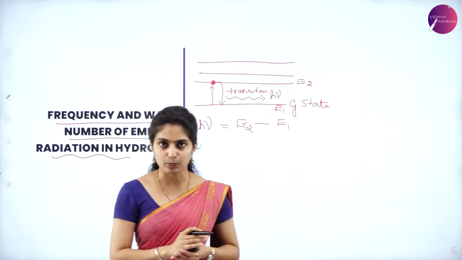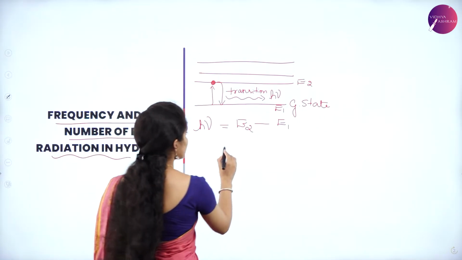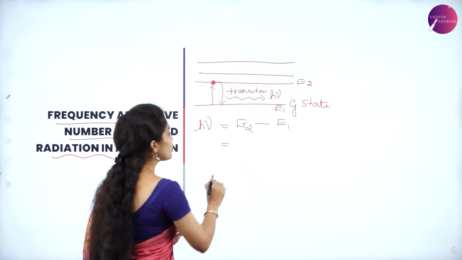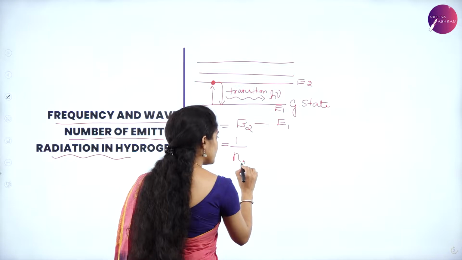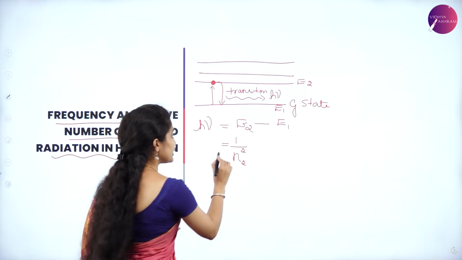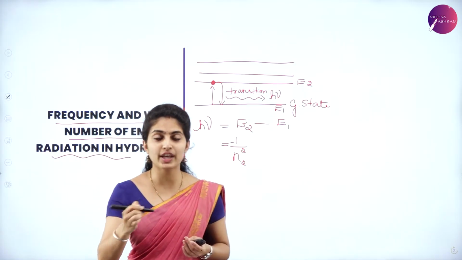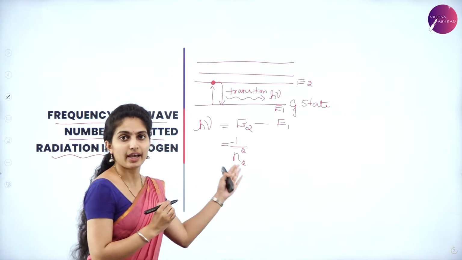Now what are we supposed to do? So we know the equation of energy which is given as, for E2 set of equation we have minus 1 divided by n2 square. Okay, and this is said to be negative because of the equation of total energy as discussed in the previous session, that equation we are just applying over here.